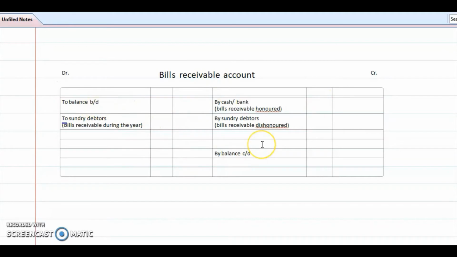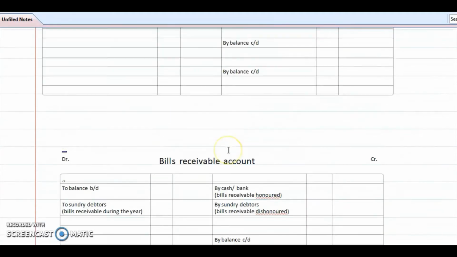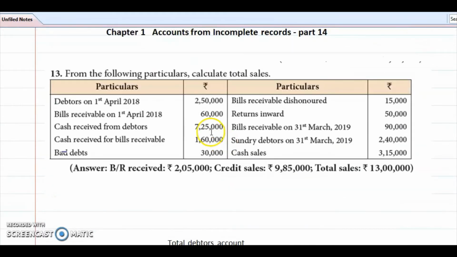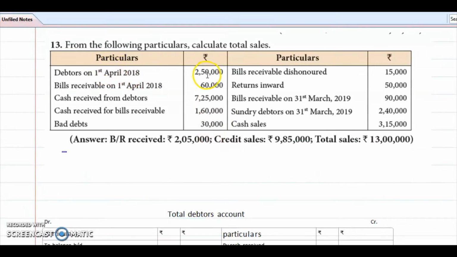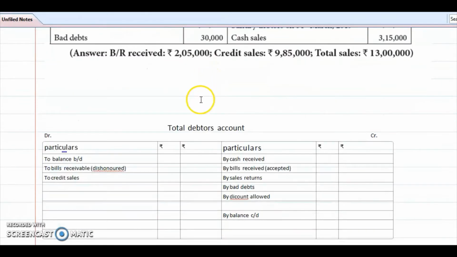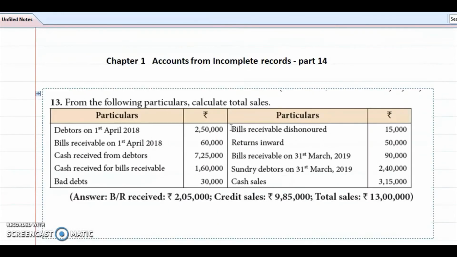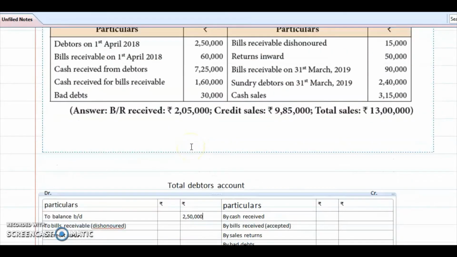So we have written all the items. Now we do the posting. Opening debtors is given as 2,50,000. So debtors 2,50,000. Next, what is given? Bills receivable opening 60,000.